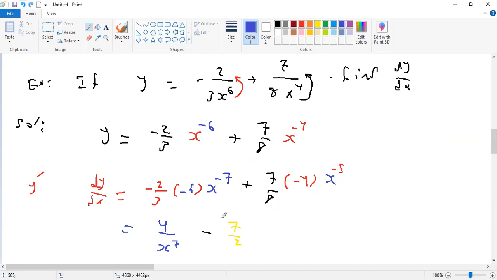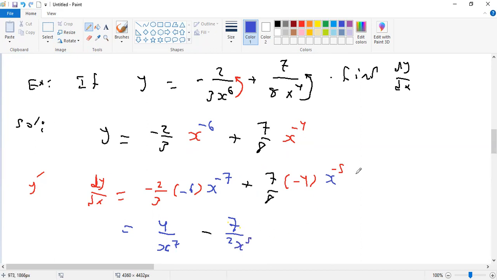I can write it here: negative 7 over 2, and x to the power 5. So you write all of this together as negative 7 over 2 times x to the power negative 5, which is correct.